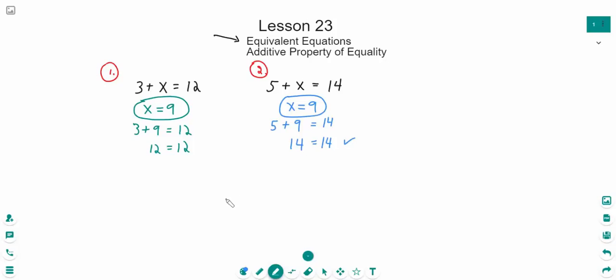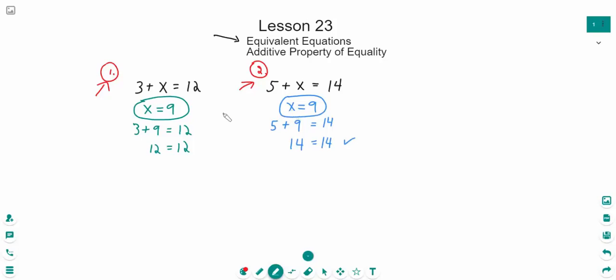Now, the thing that we need to notice here is that both equations have the same solution, and that both equations have only that solution. So you might say, all of the solutions for this first equation, equation number 1, are also solutions for this equation, equation number 2, right?